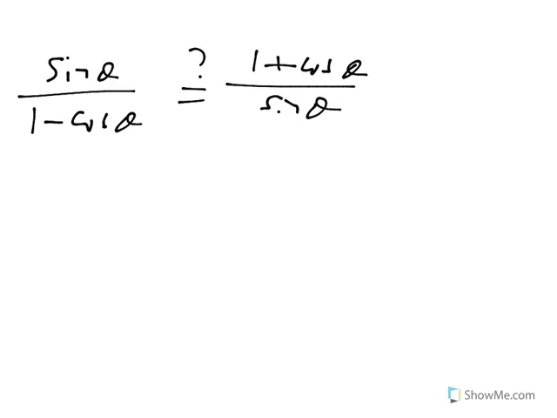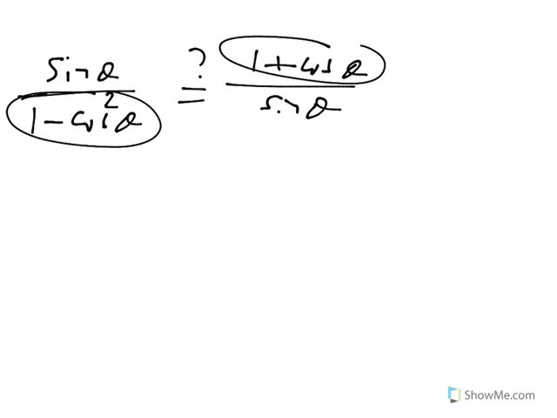But there is a strategy. If you ever notice a numerator or denominator with a 1 minus cosine theta like that, or a 1 plus cosine theta like that, we have an identity, 1 minus cosine squared equals sine squared, and we can use that.